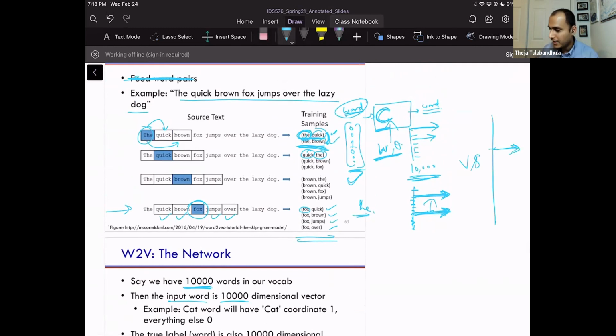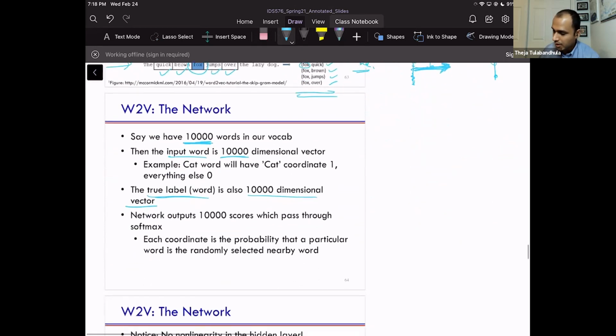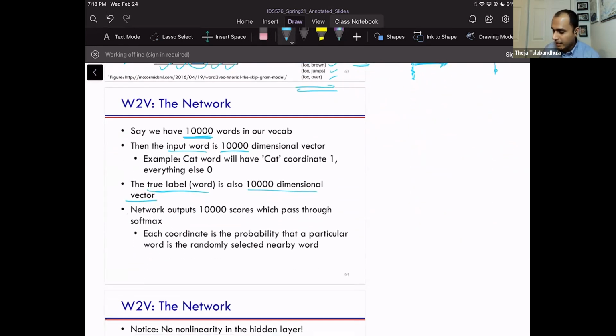Only quick will have value 1 and everything else will have value 0, for example for the first training example. So one-hot encoded input, one-hot encoded output. And the network, or the classifier, has produced these 10,000 scores such that the coordinate which is the right output in the training has the highest score. That's the same intuition that you've been seeing about classifiers quite a bit.